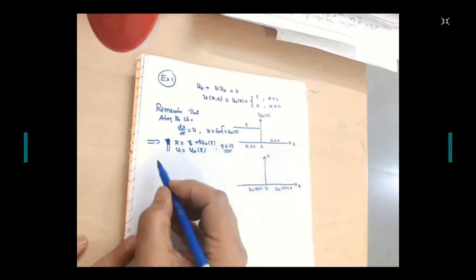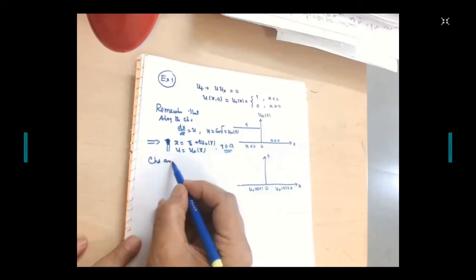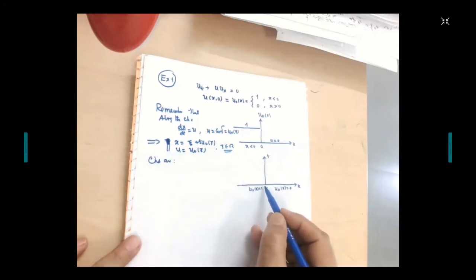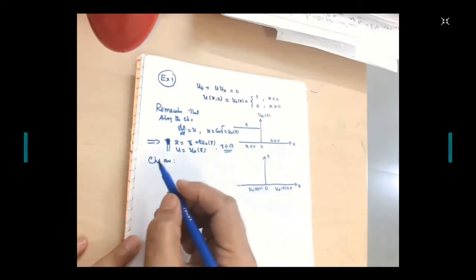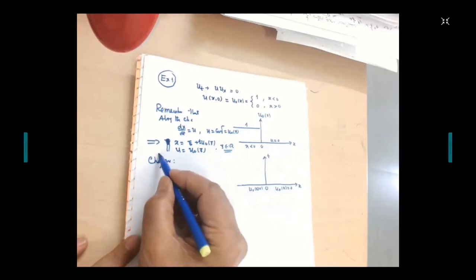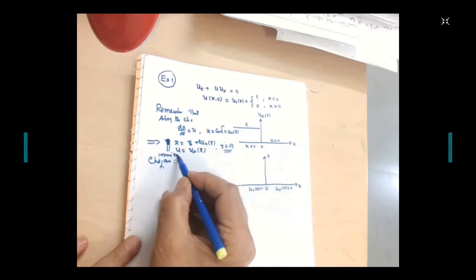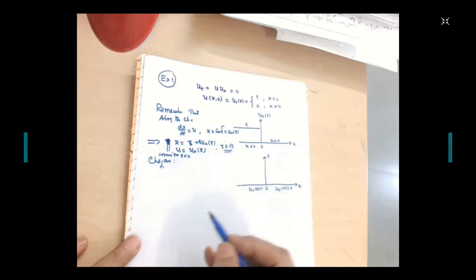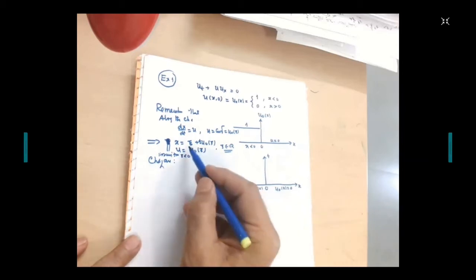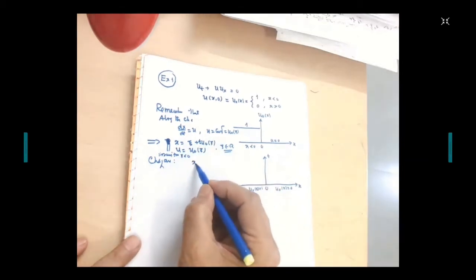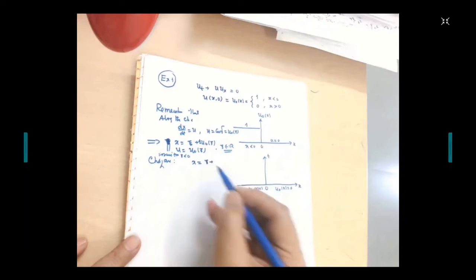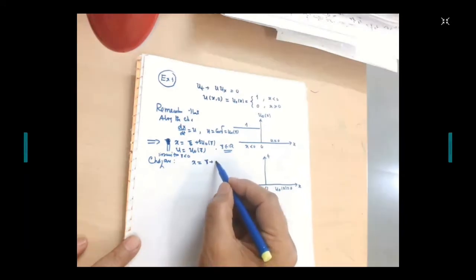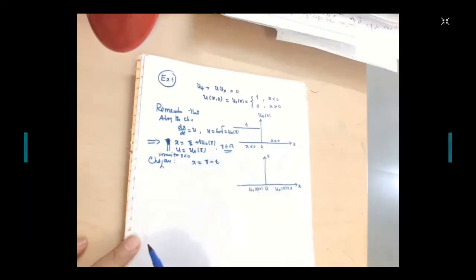The characteristics issuing from xi less than 0: what are these characteristics? From here it follows that x is equal to xi plus u naught, which is 1, times t.